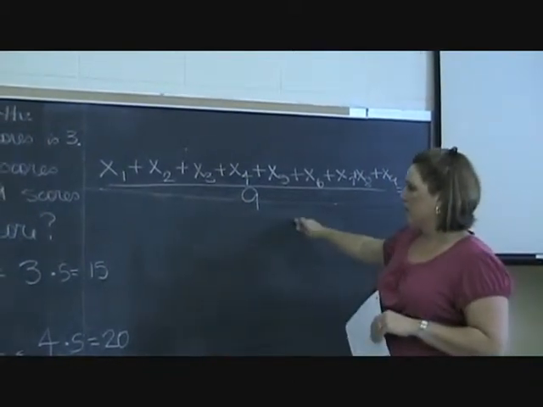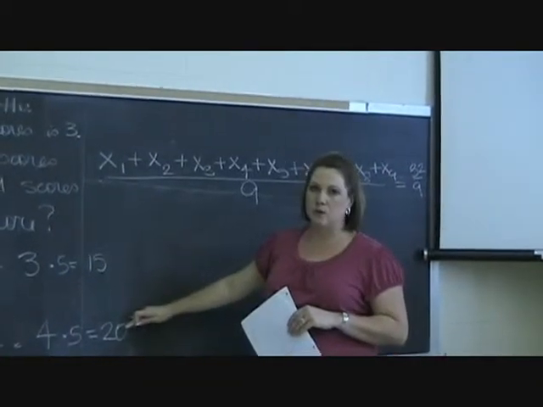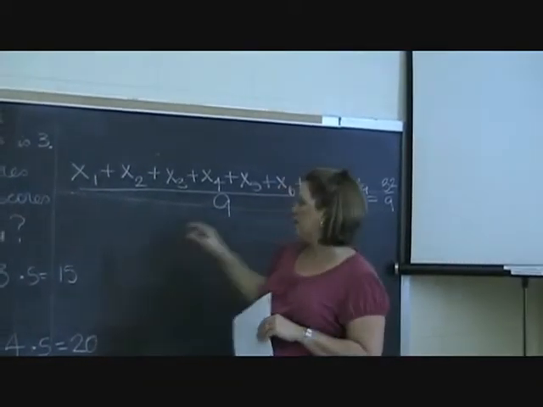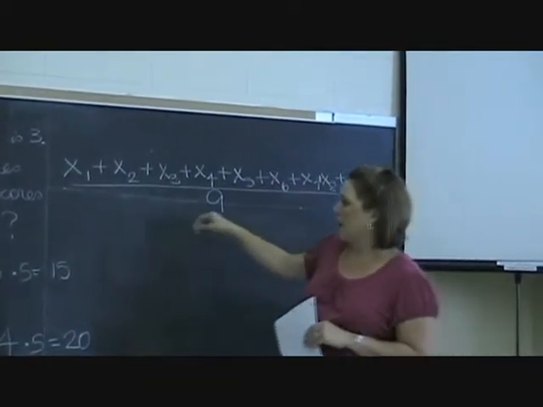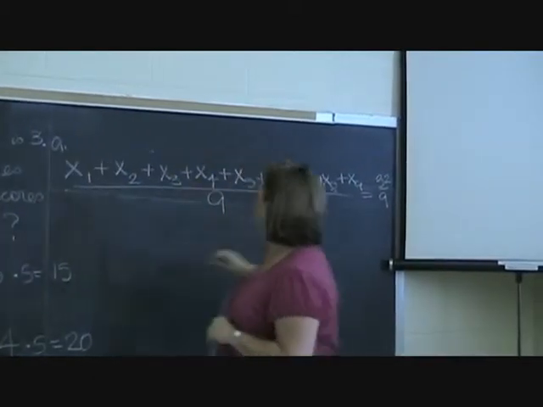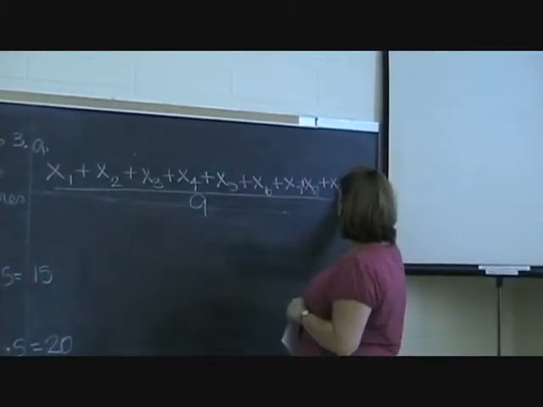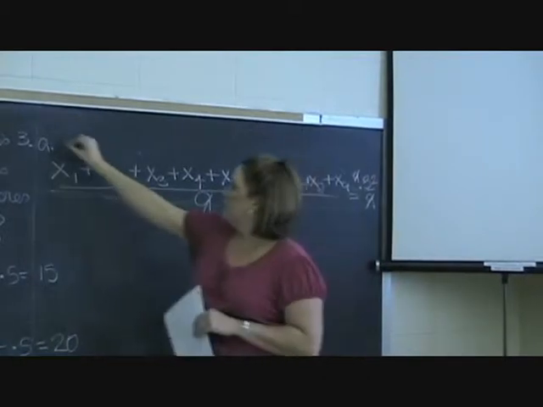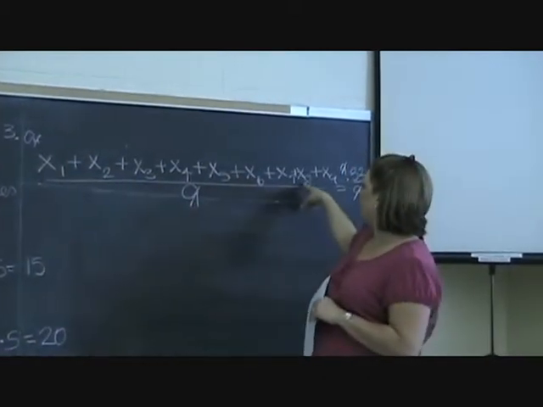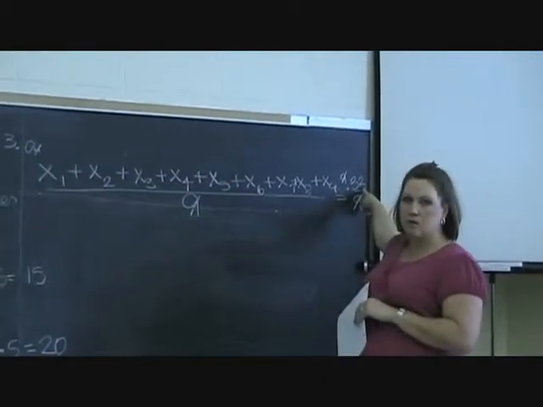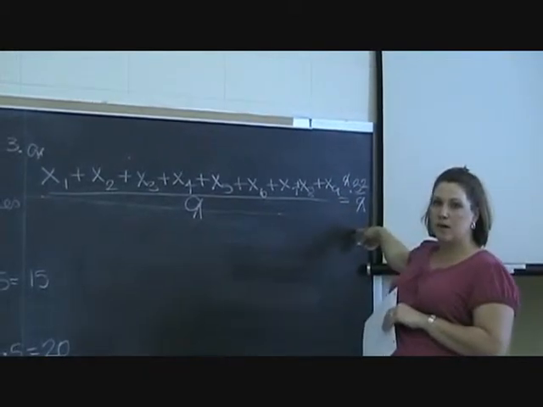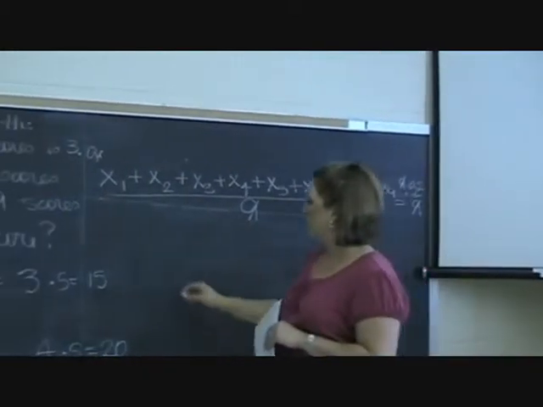We work this the same way as the first 2 equations, by multiplying both sides by 9, and that tells us that when we add all 9 scores together, we end up with 32, because 9 times 32 ninths is 32.